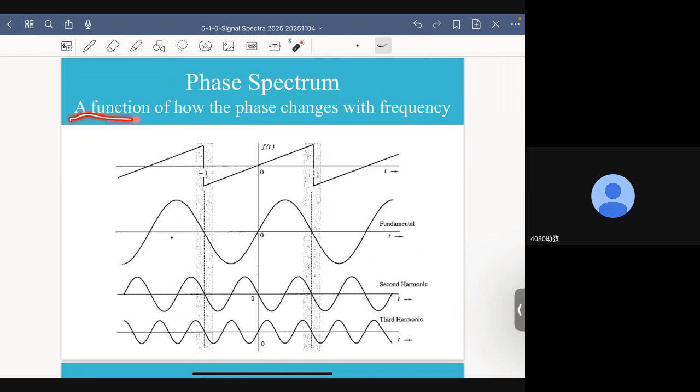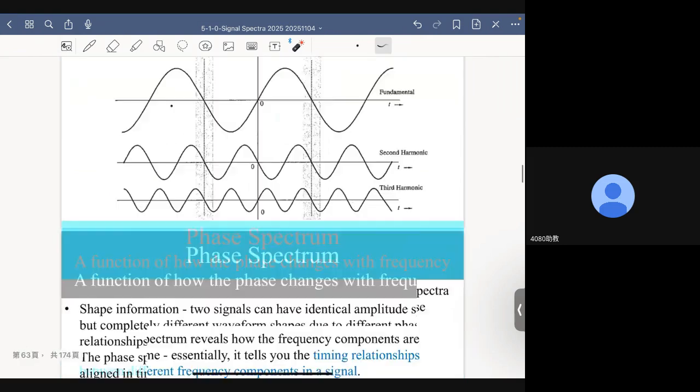The phase spectrum is actually a function of how the phase changes with frequency. You all know what phase is. Phase is actually determining the location of the sinusoidal function in the time domain. You can shift to the right, you can shift to the left by changing the sign of the phase.